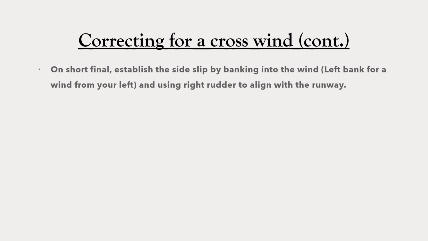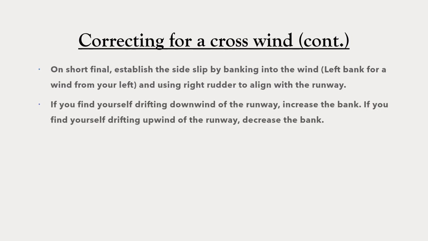We'll use enough rudder to keep our nose aligned with the runway. When we're first learning, it's good to establish the slip quite a ways up the final approach path. That gives us lots of time to make adjustments and get the correct amount of side slip established. As you get more proficient, you'll probably start doing it later on in the final approach process.